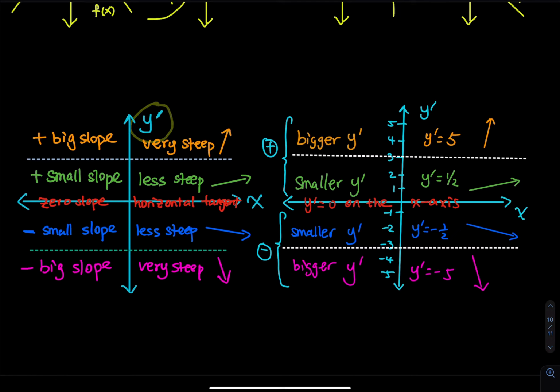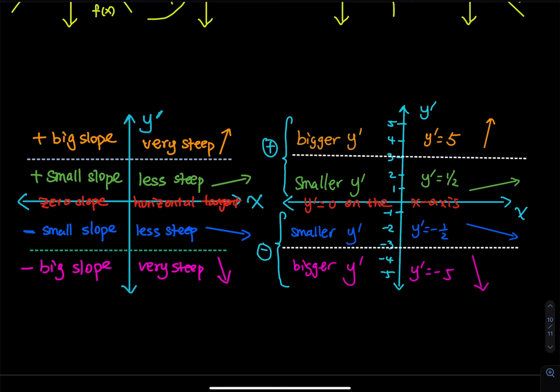Derivative means slope. So for the regions above the x-axis, I divide it into 2 regions, one for big slope and one for small slope. If you don't know what big and small is, you can look at the graph on the right. If you have a region that is far above the x-axis, we have big y prime.